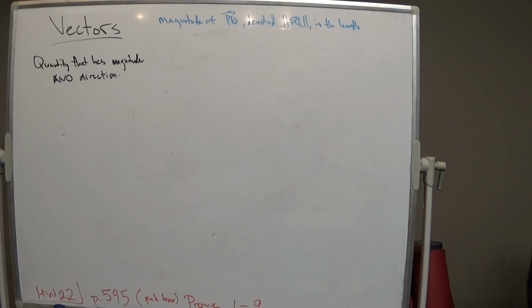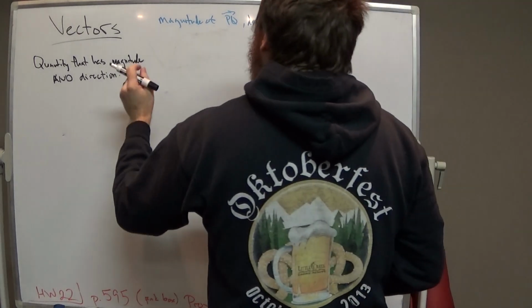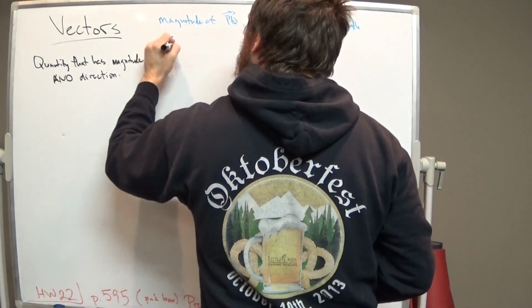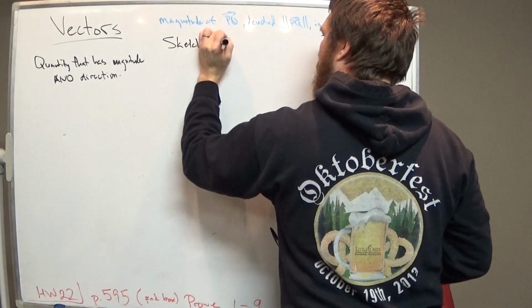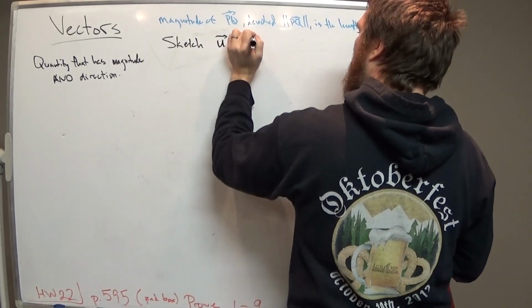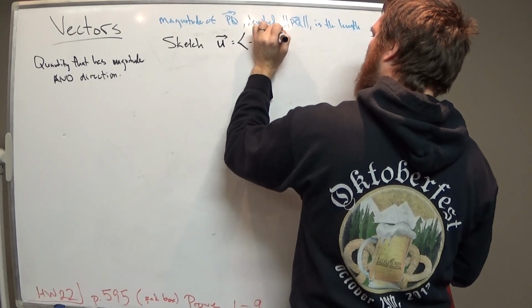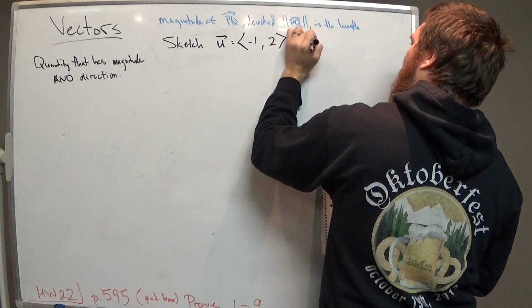So, I want to sketch the vector u, which is (-1, 2), and find the magnitude.